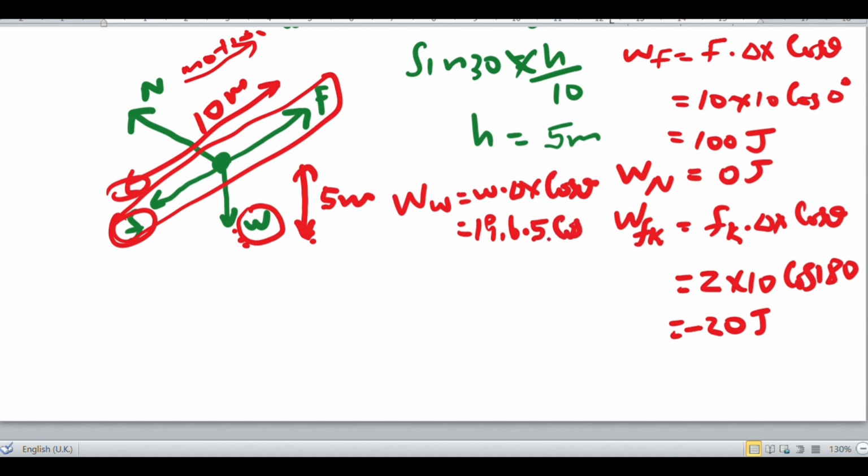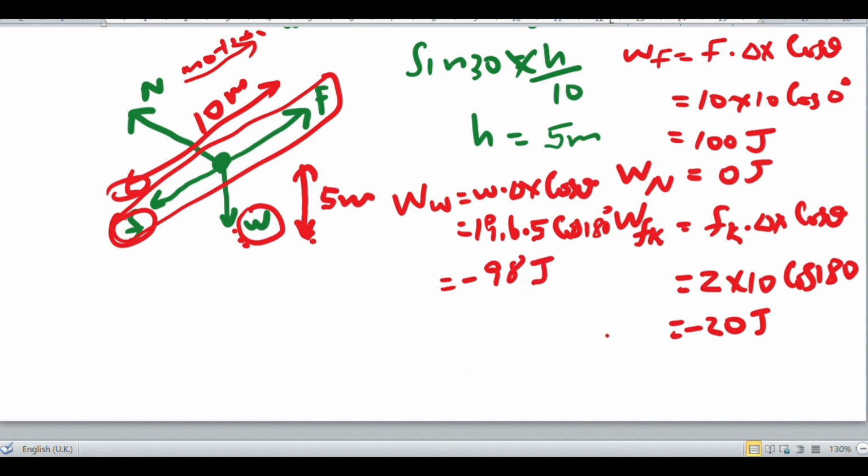Since the object is going upwards, friction and the weight are opposing the motion, which means the angle is 180. You press the calculator, 19,6 times 5 times cos 180, so the answer is negative 98 joules.